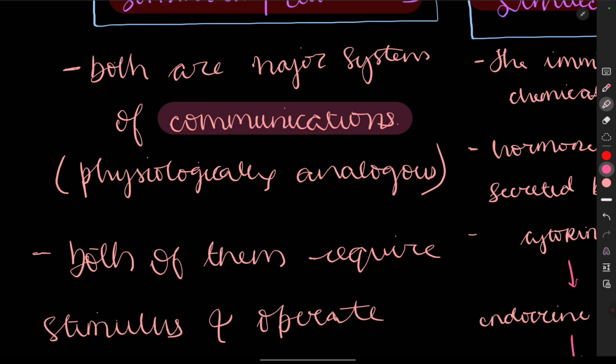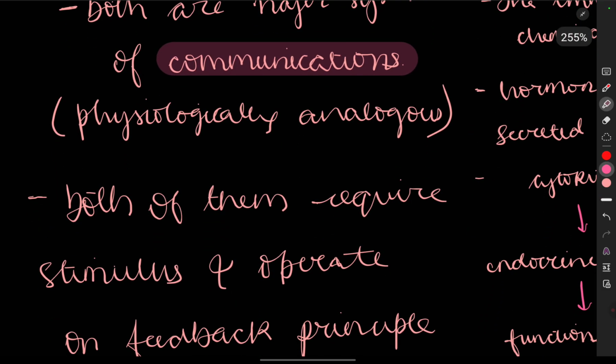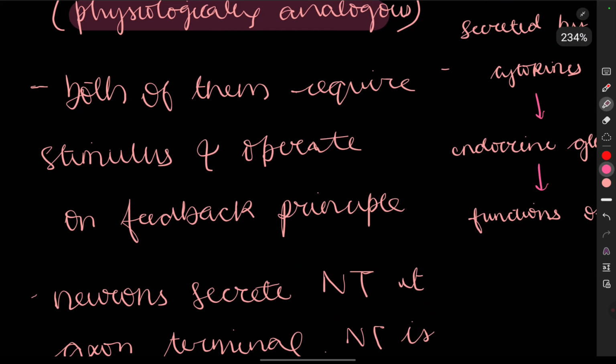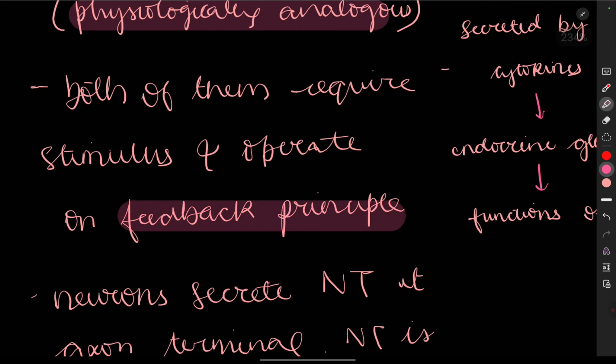So the nervous system as well as the endocrine system are both major systems of communication, and they have a physiological analogy. Both of them require a stimulus and operate on the feedback principle. Until and unless you have a stimulus, they are not going to work. We have positive feedback and negative feedback.